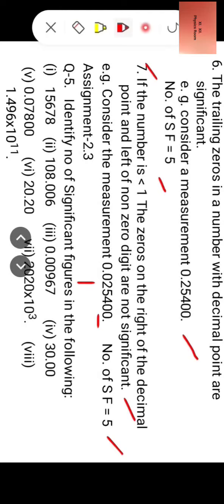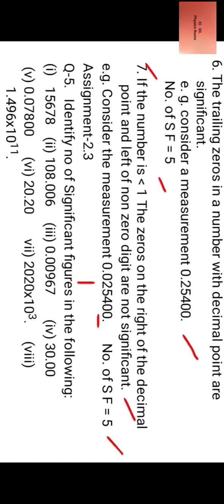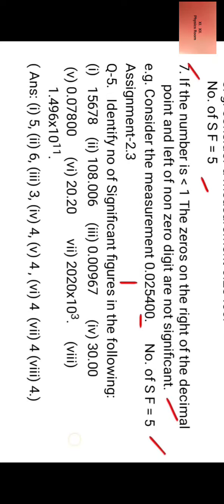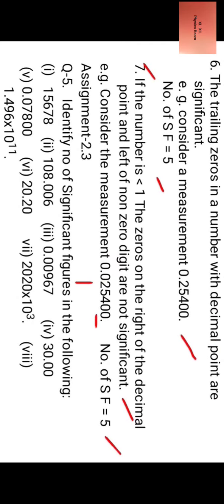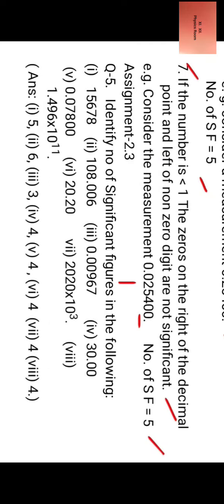Number 7, 2020 into 10 raised to power 3. Number 8, 1.496 into 10 raised to power 11. And you write down the number of significant figures in your notebook. Here answers are given to you, and you can verify them after writing in your notebook.